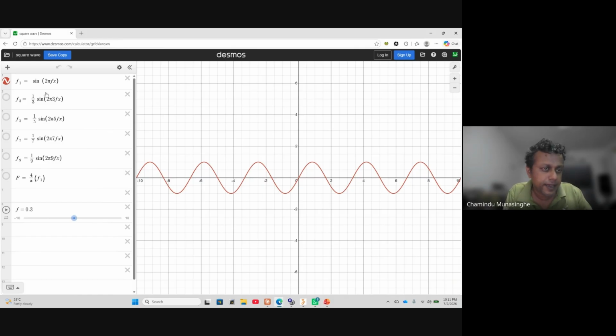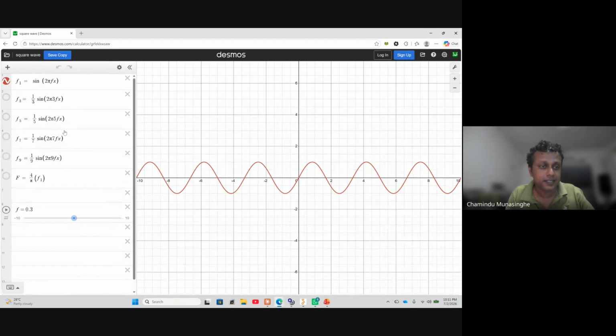So first, I have sin(2πfx), right? So I have f as a variable. I have sin(2πfx), sin(2π·3fx), sin(2π·5fx), 7fx, and 9fx, right? So these are what we call harmonics of this fundamental frequency.